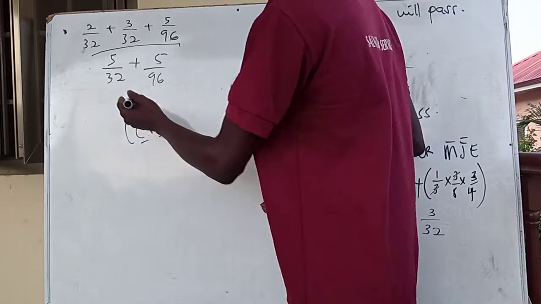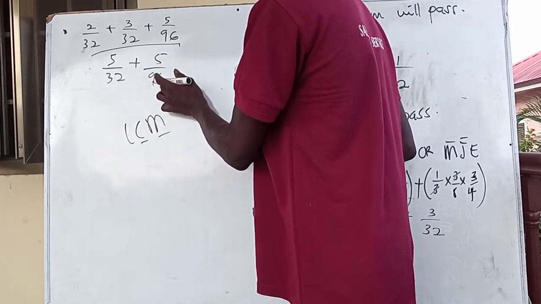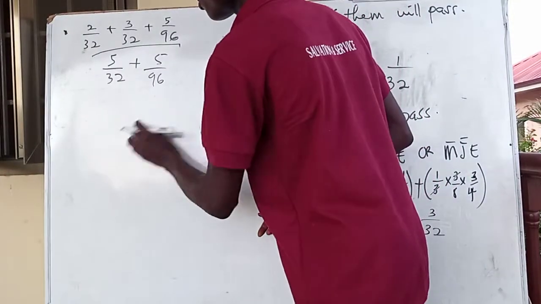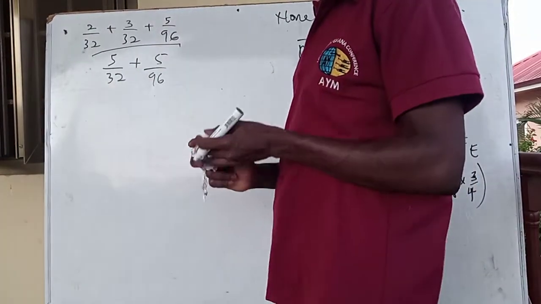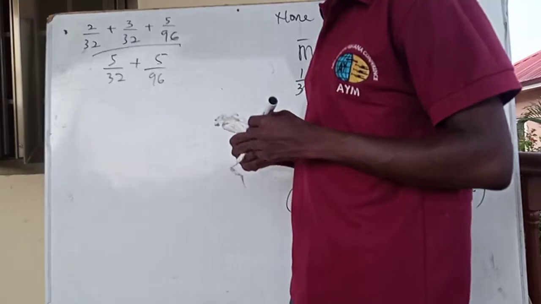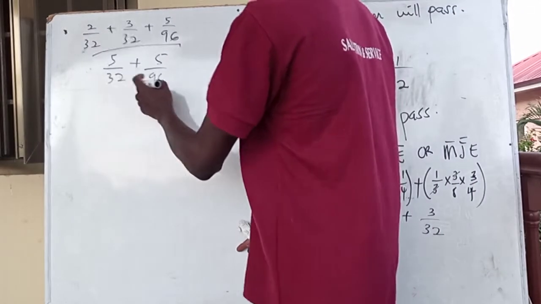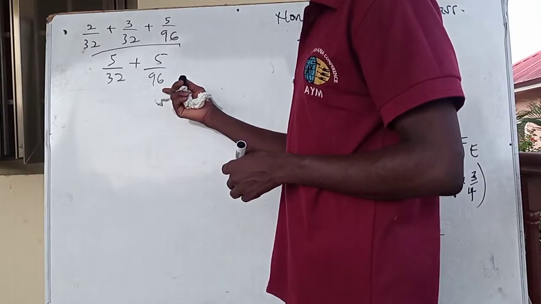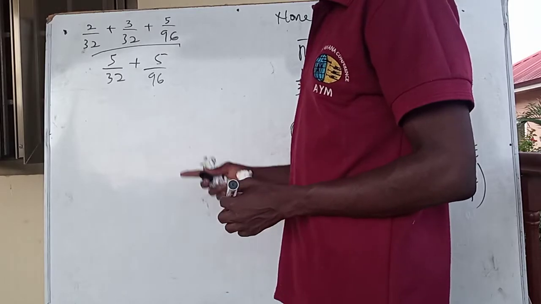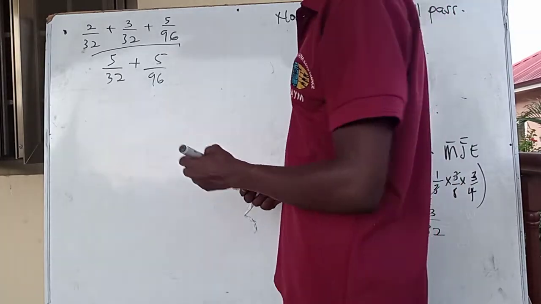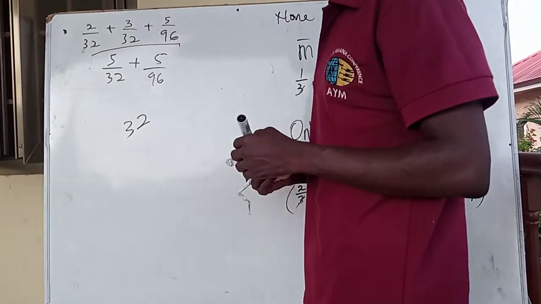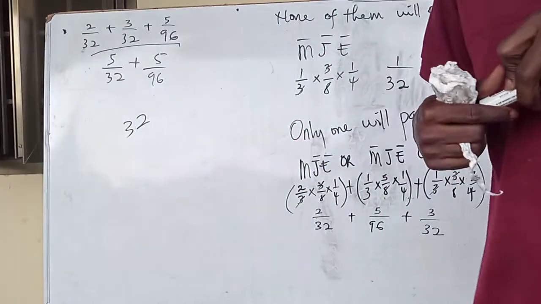Out of 32 and 96, which number can divide these two? Always consider the largest of the two numbers. The largest is 96. Then ask yourself, can 32 times something give you 96? Try. Can 32 multiply by some integer and give you 96?